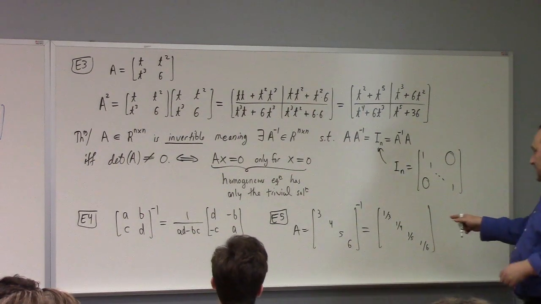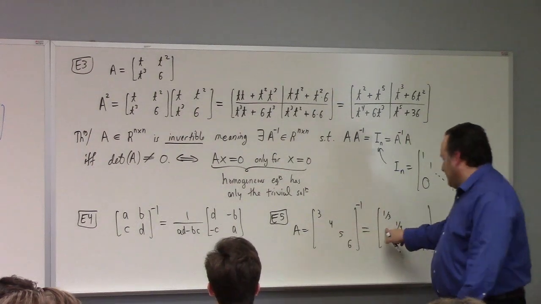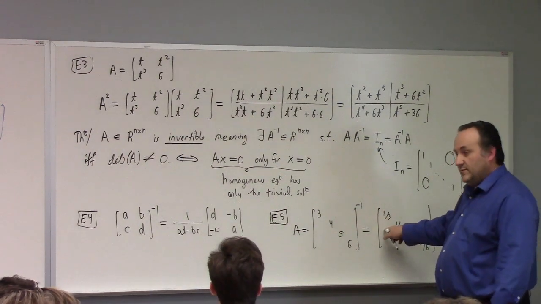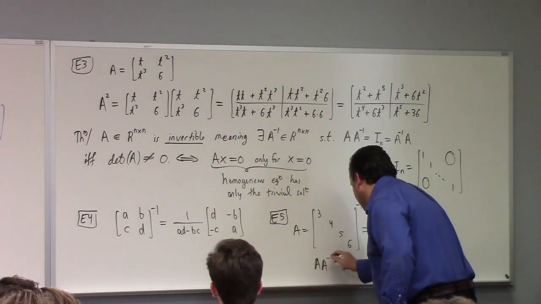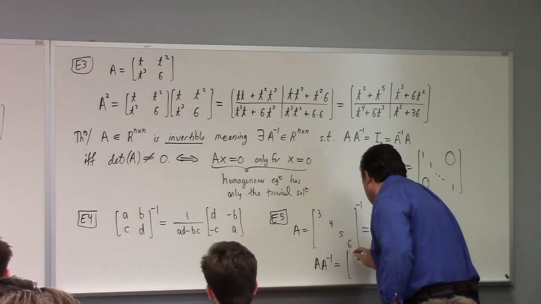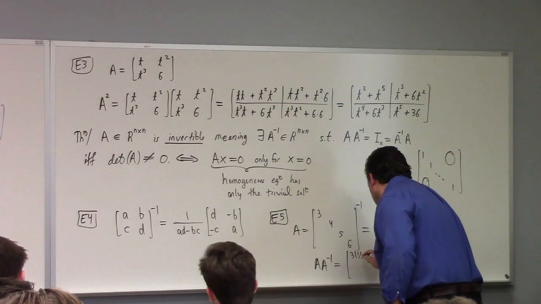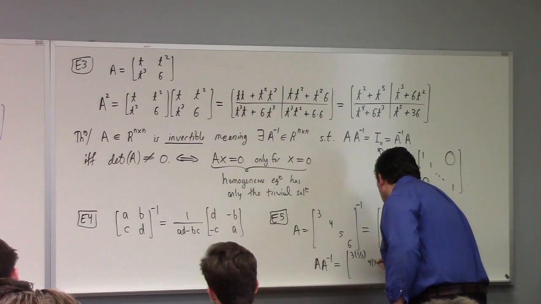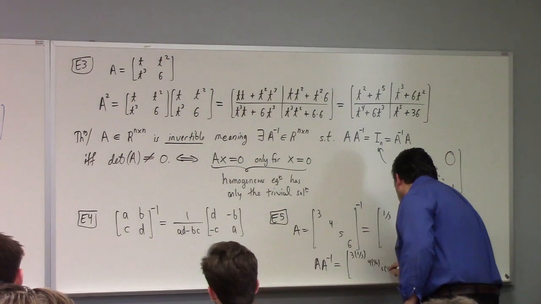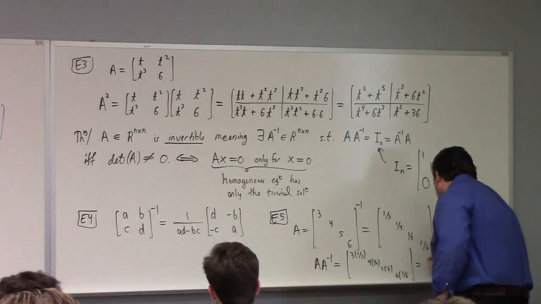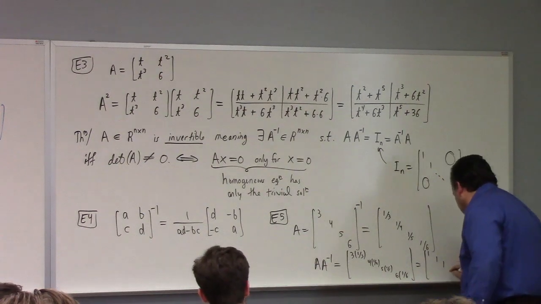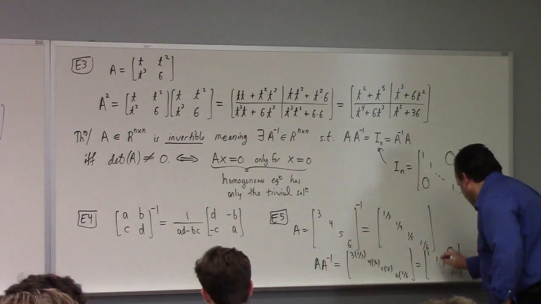You can easily check that, by the way, if you multiply this matrix by A. A times A inverse, you end up with 3 times 1/3, 4 times 1/4, 5 times 1/5, 6 times 1/6, which of course is 1, 1, 1, 1, zeros everywhere else.